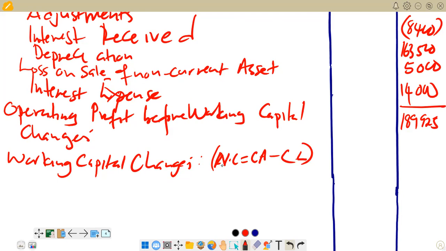This is the formula that we use to find working capital. So when we are looking for working capital changes, we are looking for elements of current assets and elements of current liabilities. Their movements, these are the ones that we are going to adjust here. And basically, we are mainly concerned about inventory changes and trade and other receivables, and then we've got also movements in trade and other payables.